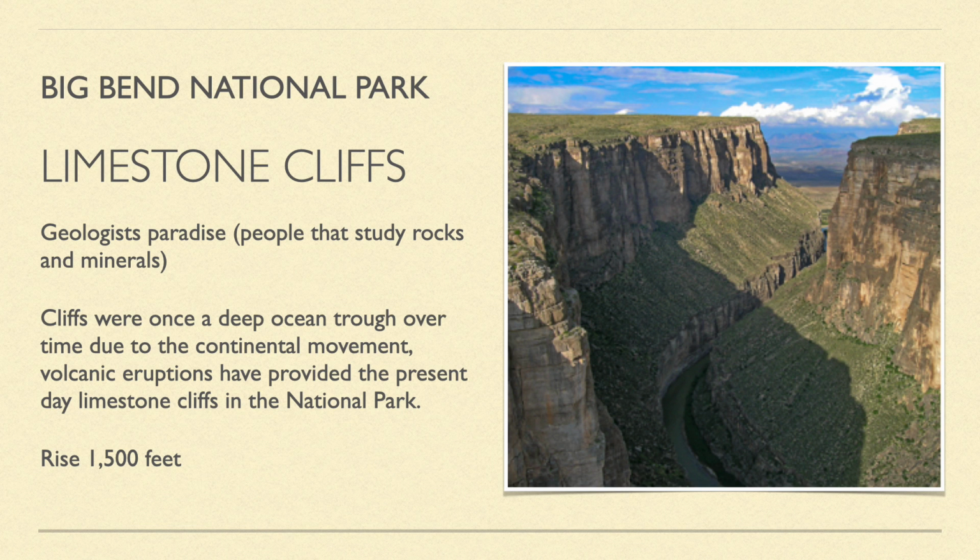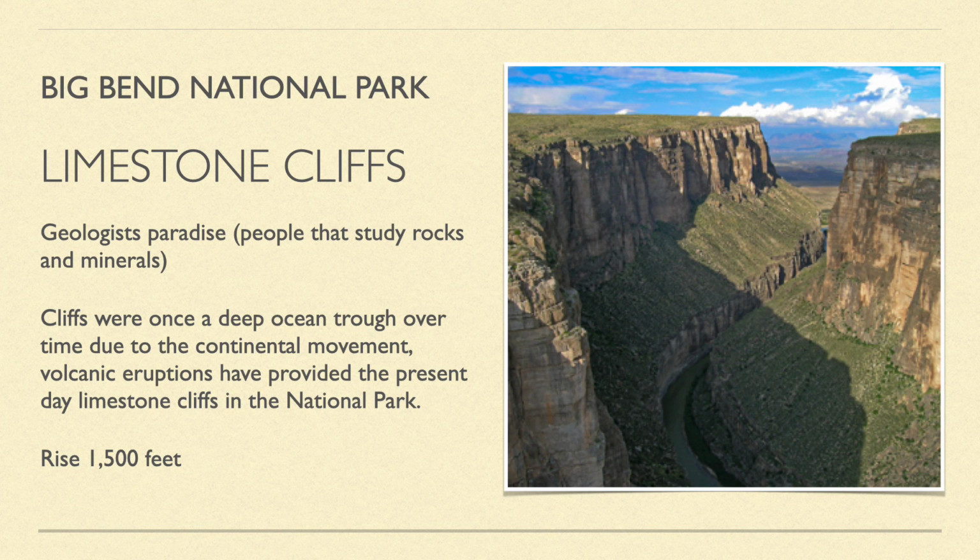The cliffs were actually formed when this was once a deep ocean trough. Over lots of time, due to continental movement, volcanic eruptions, and even some weather, the present-day limestone cliffs in the national park were shaped.